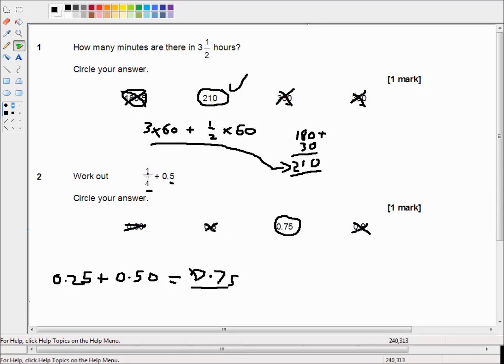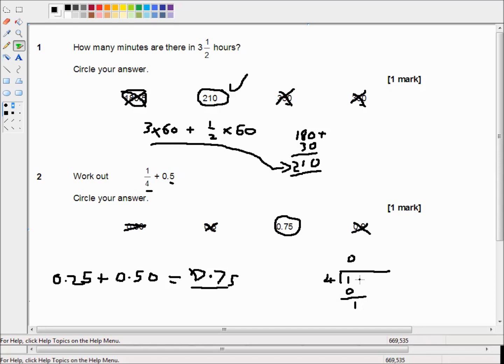If you didn't know that 1/4 was 0.25, you could, I suppose, have tried to work it out by saying 1 divided by 4. Well, 4 into 1 won't go, so that's 0. 0 times 4 is 0. Take that away, that leaves 1.